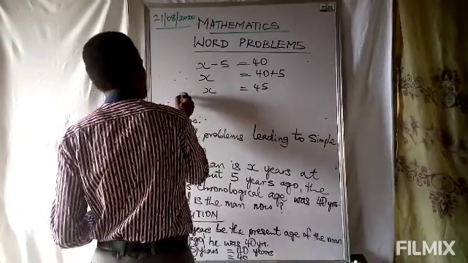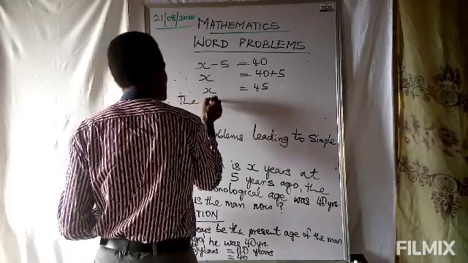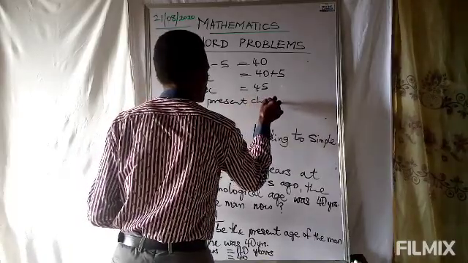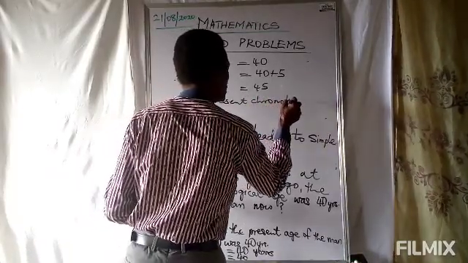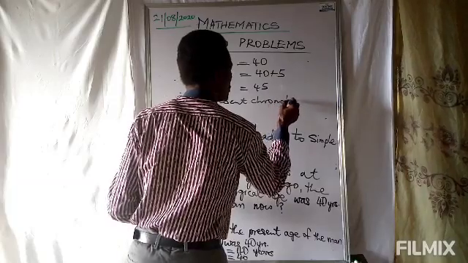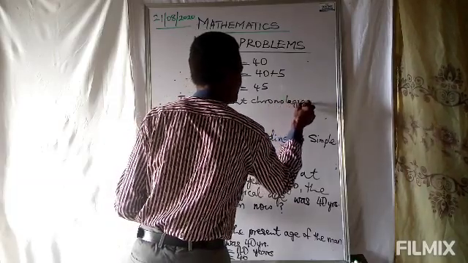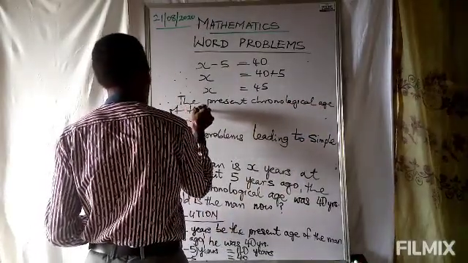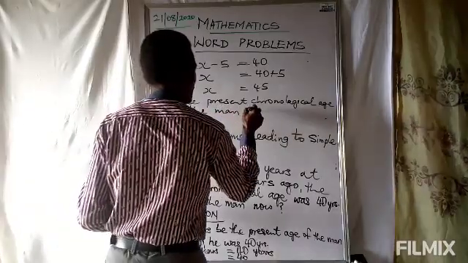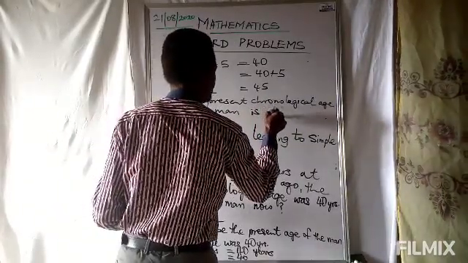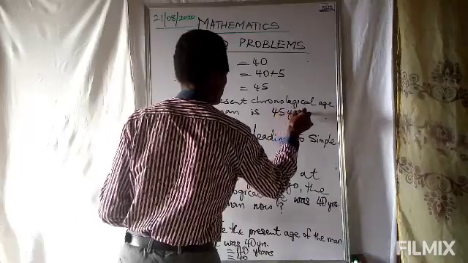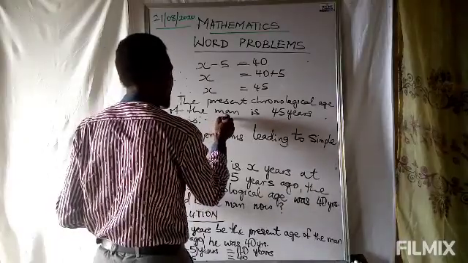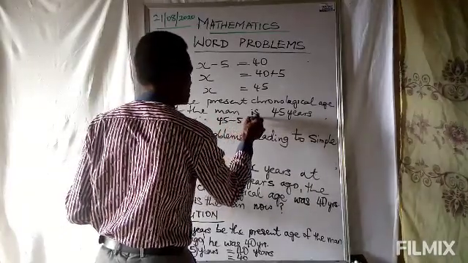Therefore, the present chronological age of the man is 45 years. And really, if we check, 45 minus 5 is really 40.